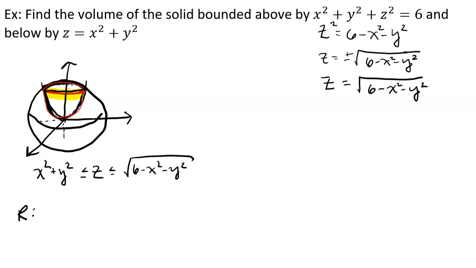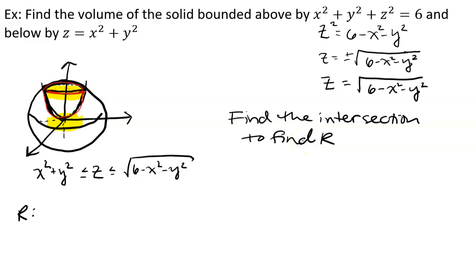And if we can picture it, this whole intersection part is going to come down and be underneath our shape down at the bottom. So what we really need to find is the intersection to find R. And by the intersection, we mean the intersection of those two surfaces.